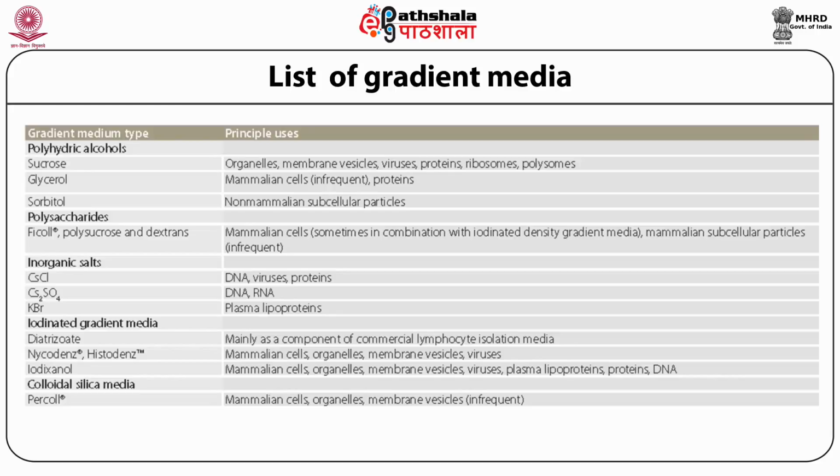Before we tell you about the properties of the different types of media used for gradient centrifugation, you must know the criteria for the selection of the medium. There are well-defined criteria. First, it should be soluble enough to produce the series of required densities.